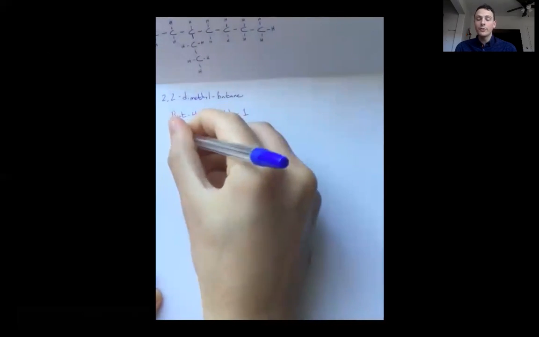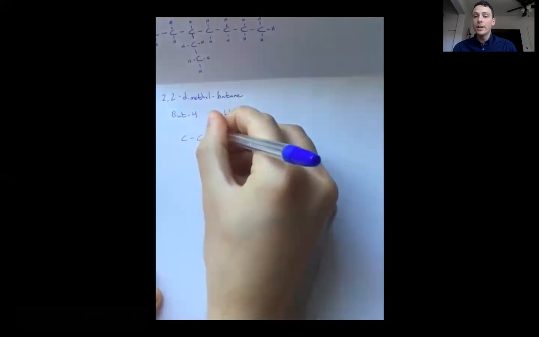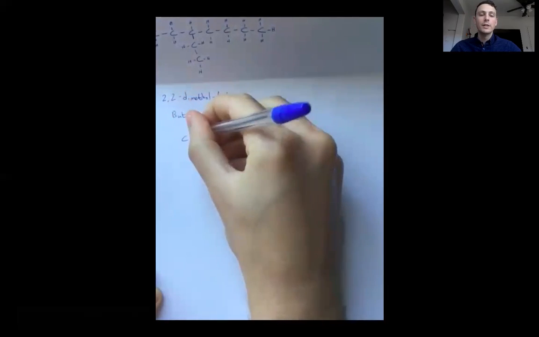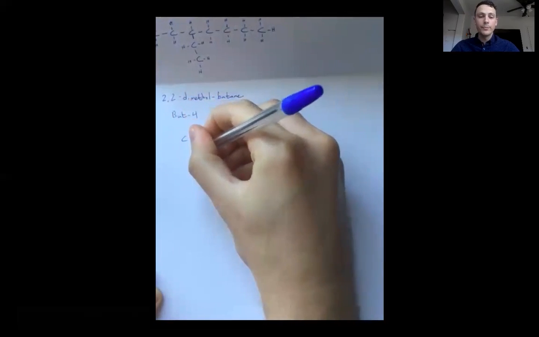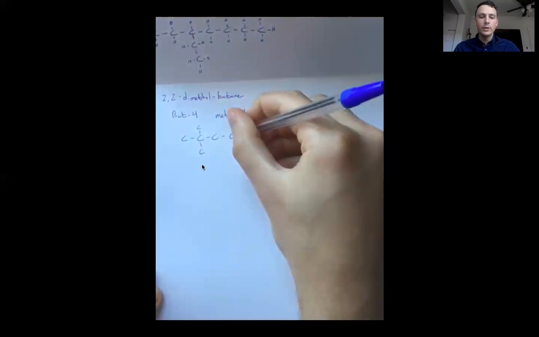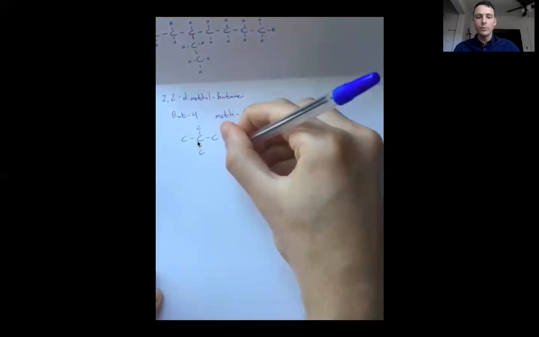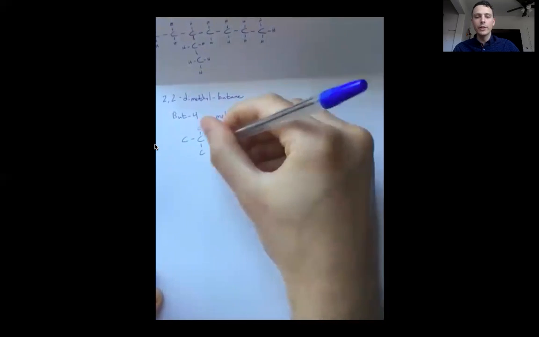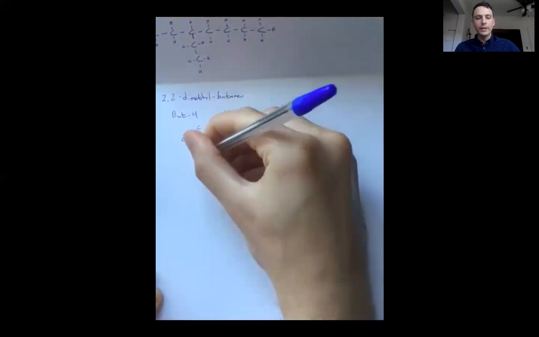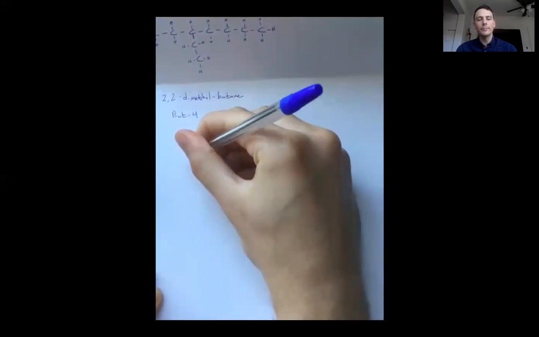And then I look at my functional groups. Dimethyl, di means 2, meth means 1 carbon, so I have 2 1-carbon functional groups that are both coming off of carbon 2. So I draw out my 4-carbon chain, then I put 2 1-carbon functional groups coming off of carbon number 2 here. Then I just fill in all the hydrogens that I need.